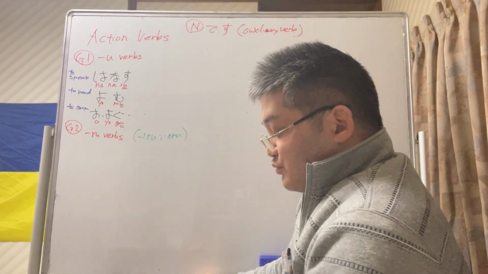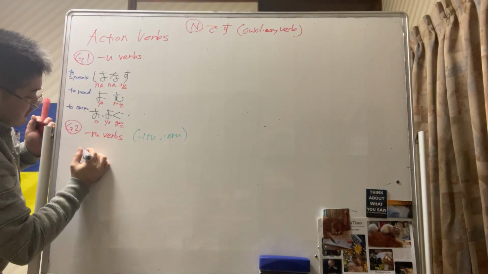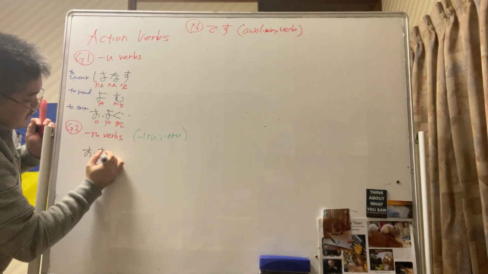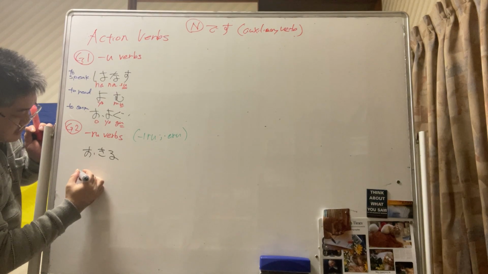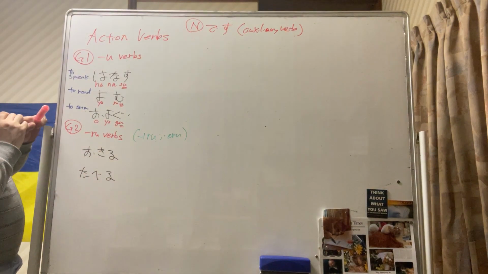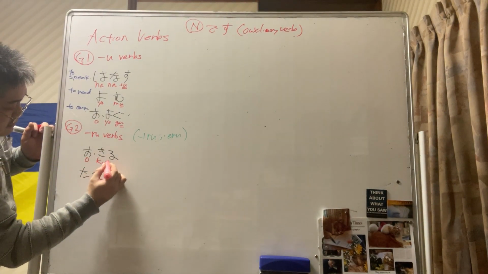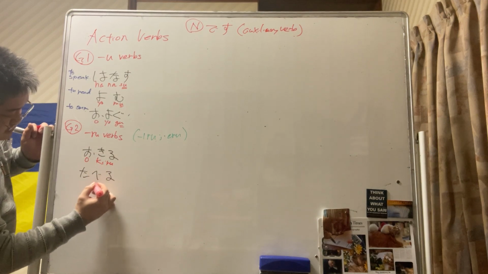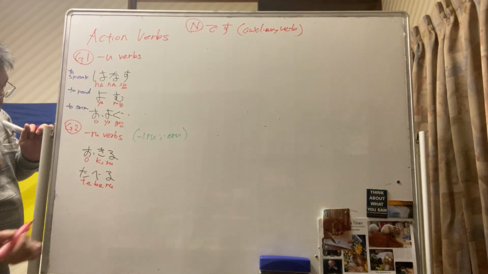And some of the primary examples are okiru or miru also, but I will just use two here. Okiru and taberu. Okiru, it ends with the iru sound. Taberu again.